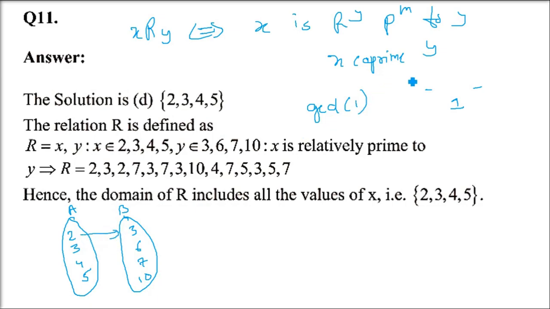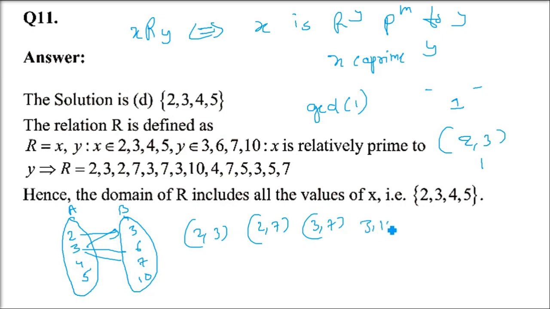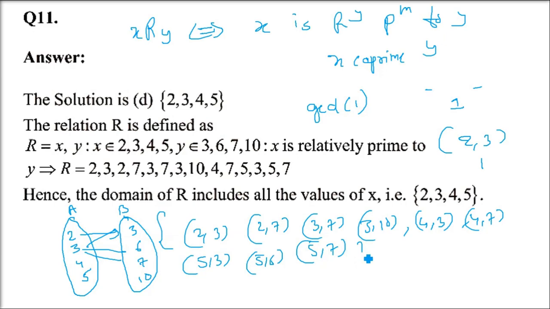Take 2, 3: there is no other number which can divide both except 1, so you can take it. 2, 6 no, 2 can divide. 2, 7 you can take. 3, 3 no, 3, 6 no, 3, 7 you can take, 3, 10 you can take. 4, 3 you can take, 4, 6 is not possible because 2 can divide them, 4, 7 you can take, 4, 10 no. 5, 3 you can take, 5, 6 you can take, 5, 7 you can take, 5, 10 will be divided by 5.